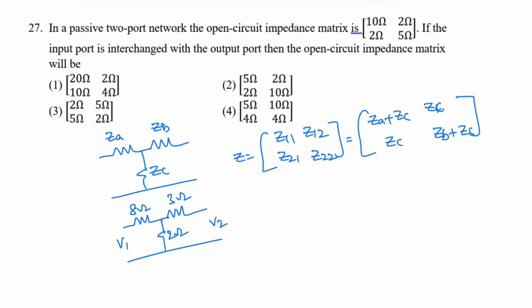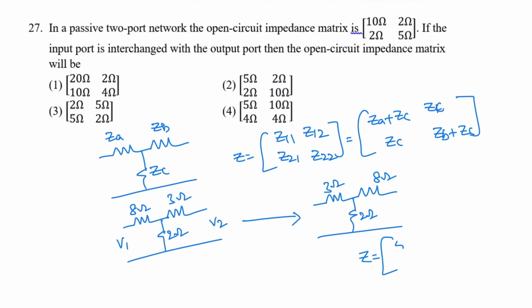If port 1 and port 2 are interchanged, it will now become 3 and 8, so this is 3 and this is 8 ohm. As per the question, the circuit ports are interchanged. Then the equivalent impedance is 3 plus 2, 5, 2 ohm, 2 ohm, and 8 plus 2 is 10 ohms. These are the Z parameters. So correct option is 2.